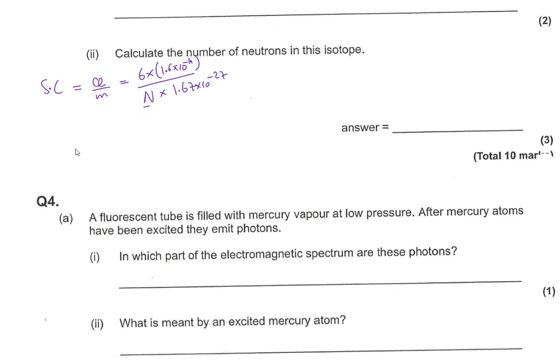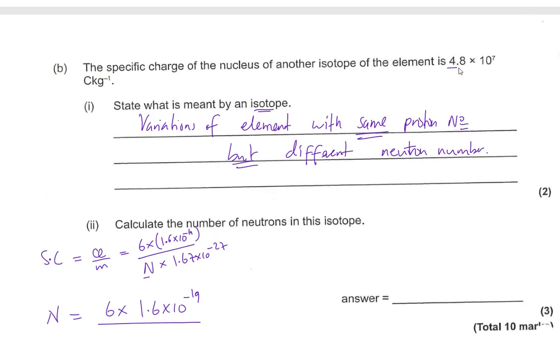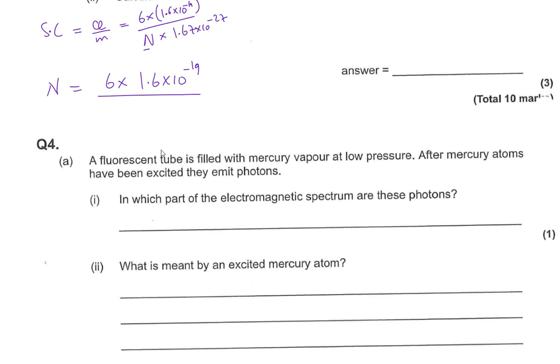So therefore N equals 6 times 1.6 times 10 to the power minus 19 divided by specific charge. We know specific charge is 4.8 times 10 to the power 7, so 4.8 times 10 to the power 7 multiplied by 1.67 times 10 to the power minus 27. Okay, so this is my substitution, and then this will give me an answer of 12.